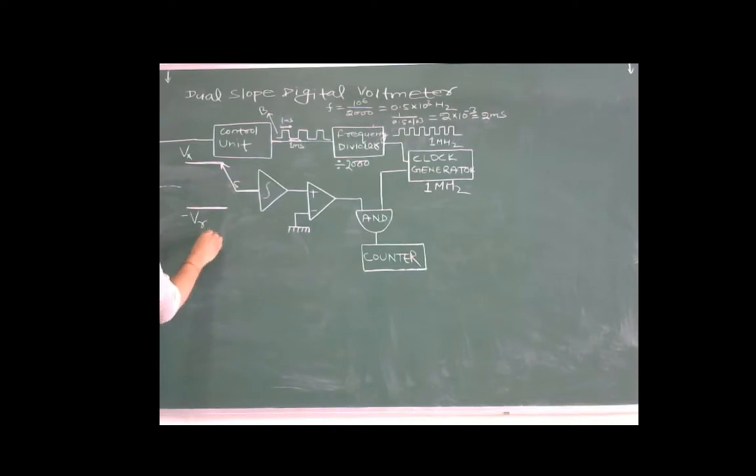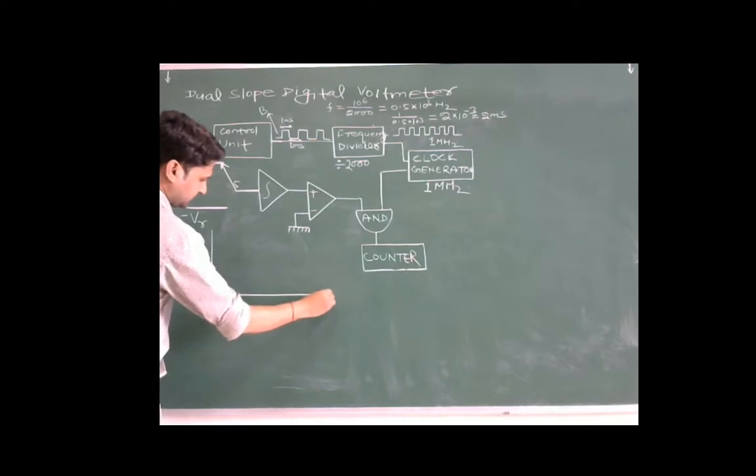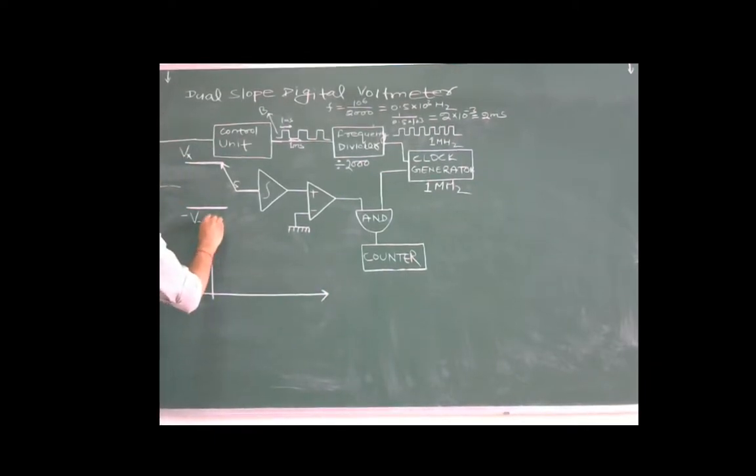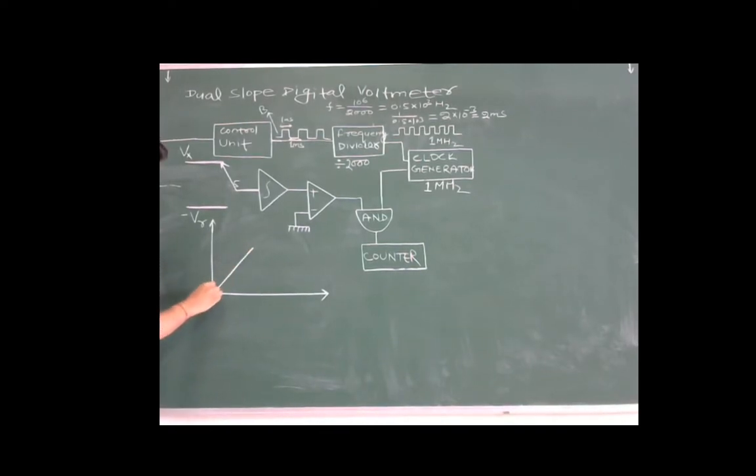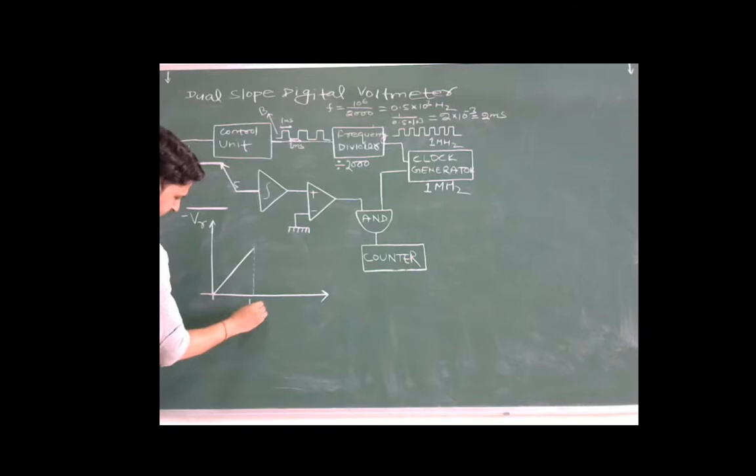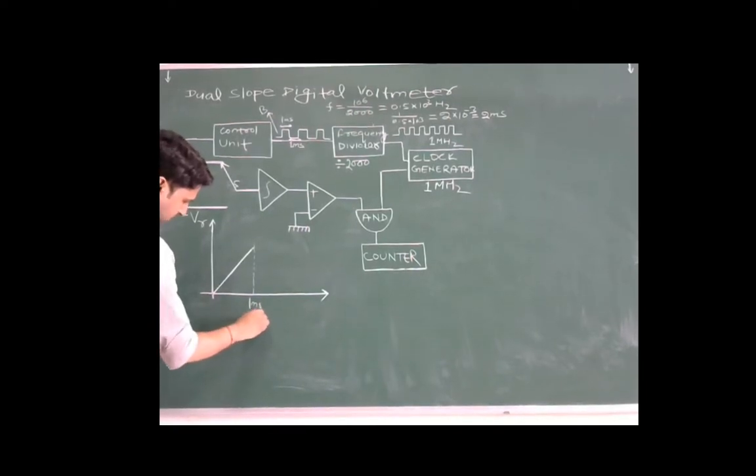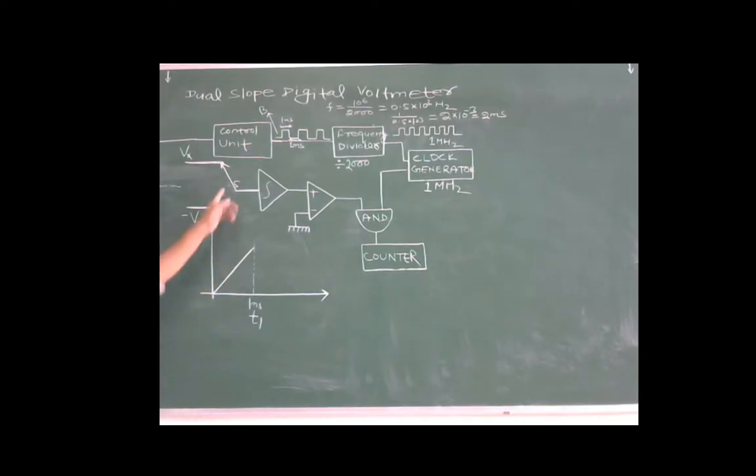In that duration, the output of the integrator will be like this. This duration is 1 millisecond. Suppose this time is t1. So for the first 1 millisecond, the input of the integrator will be connected to plus Vx.